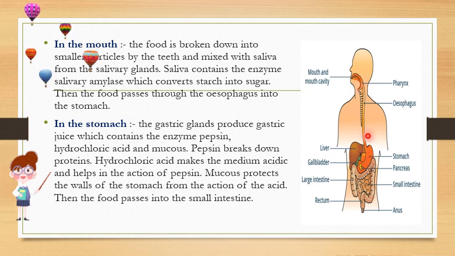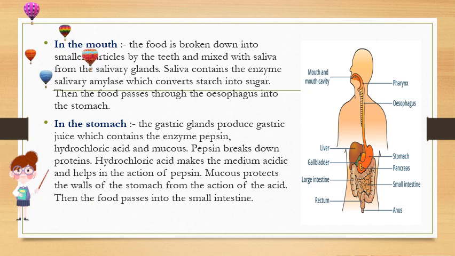Later, the muscle wall of the stomach mixes the food with more digestive juices secreted by the gastric glands present in the wall of the stomach. Let us discuss the different gastric juices present here.